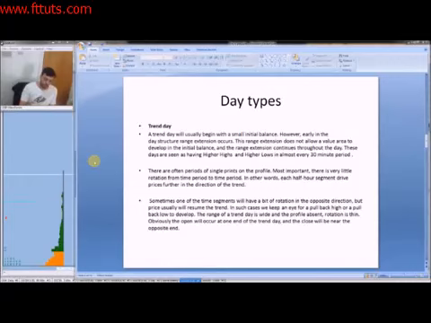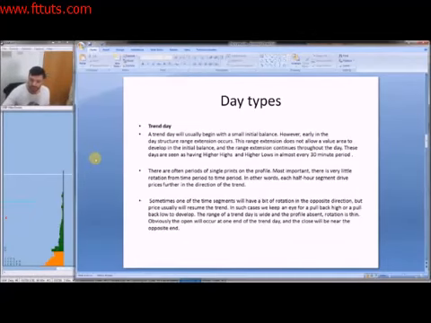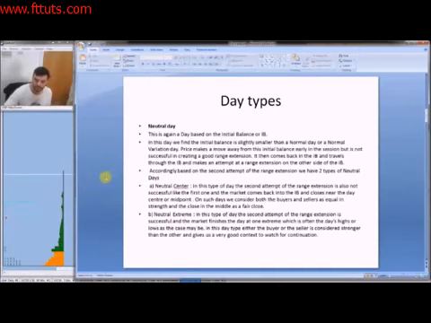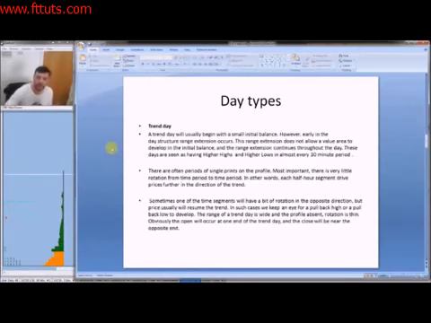You will generally find this subsequent to some of these day types, these non-trend days, these neutral days, where the market has spent a period of time in balance and then something changes to shift the balance of the market. Sometimes one of these time segments will have a little bit of rotation in the opposite direction, but prices usually will resume the trend.